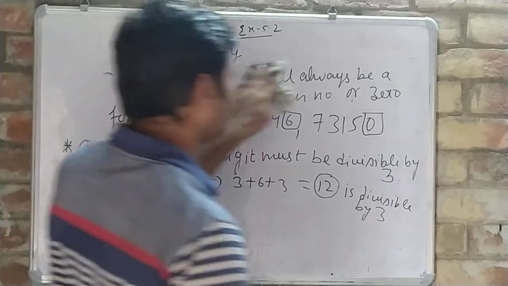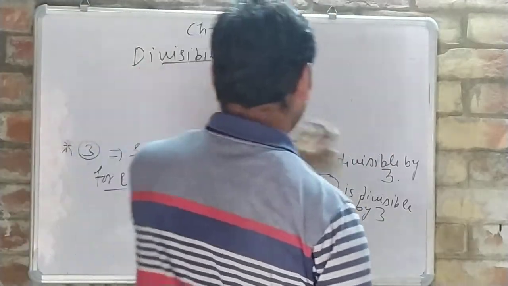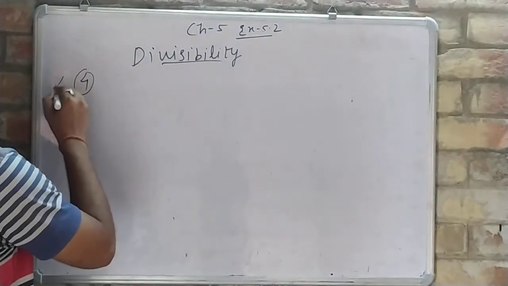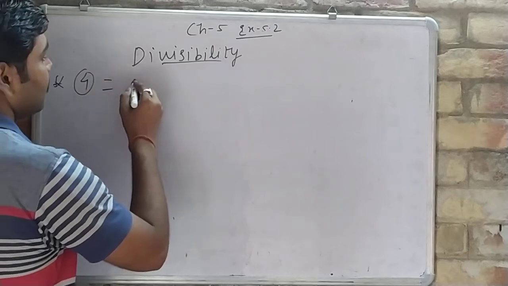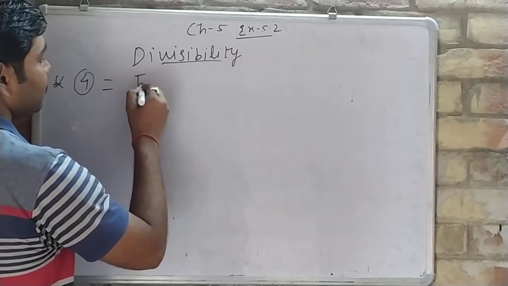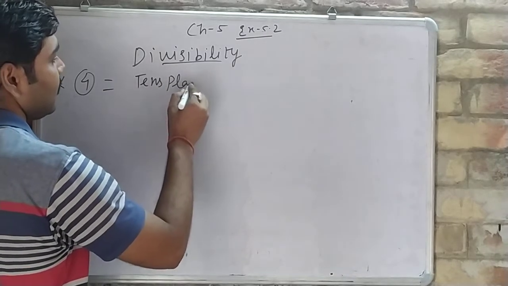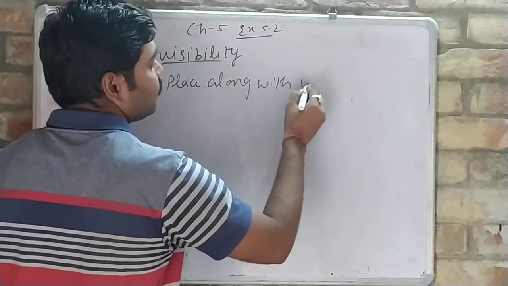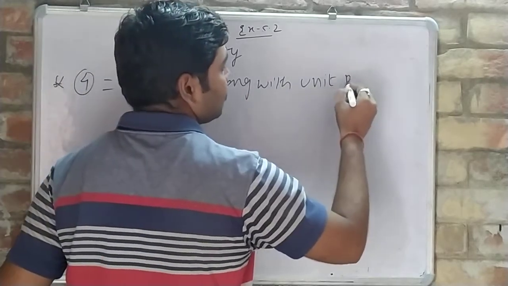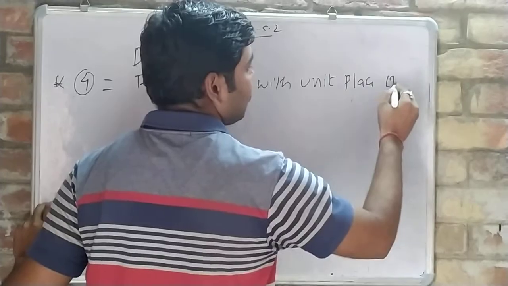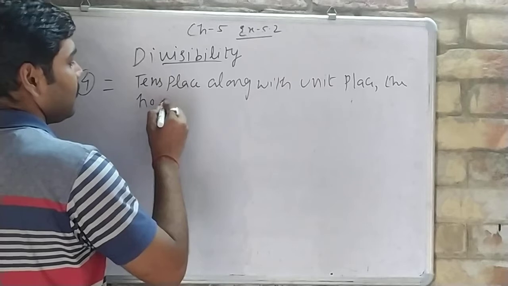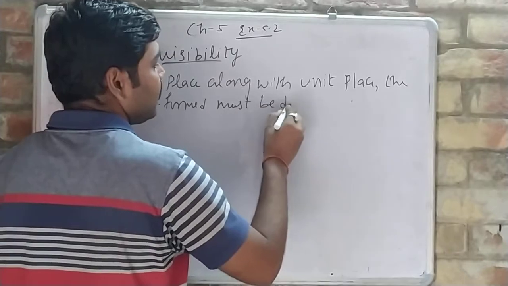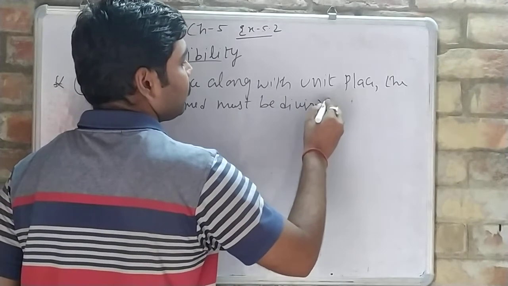Now see divisibility of 4. See here, divisibility of 4. The tens place along with the unit place, the number formed must be divisible by 4.